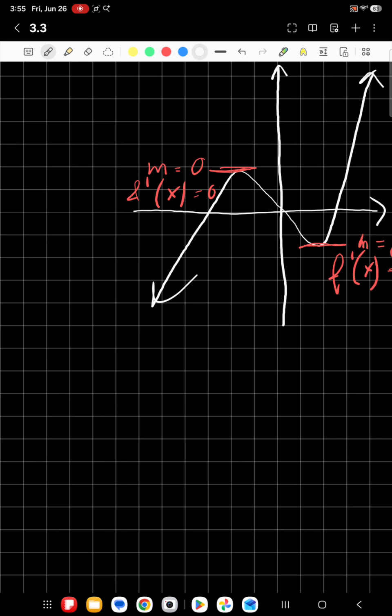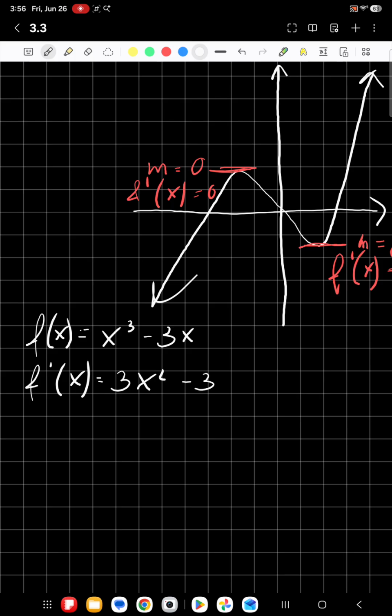Let's find the derivative. f of x is x cubed minus 3x, that's the original function. So now the derivative, f prime of x, is 3x squared minus 3.